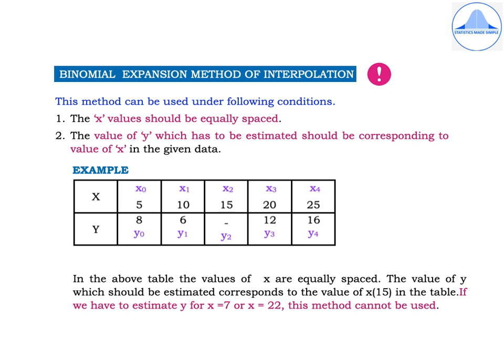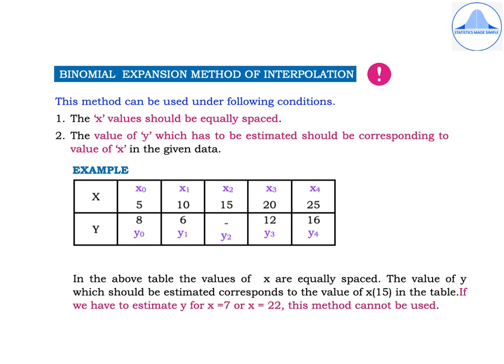Under the binomial method of interpolation, let us learn under what conditions this method is applicable. First, the x values should be equally spaced. Second, the value of y which has to be estimated should correspond to a value of x in the given data.